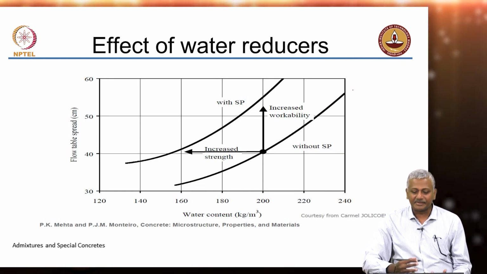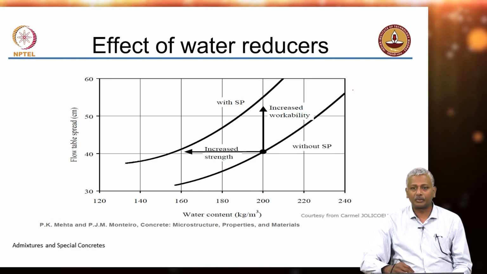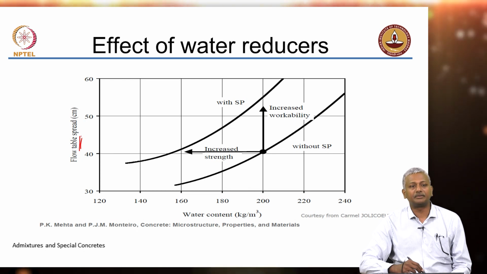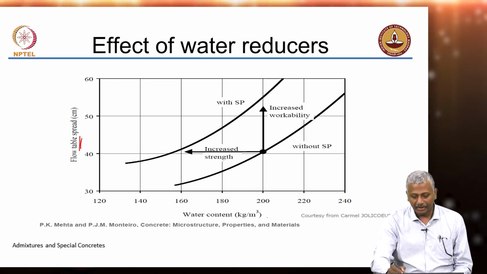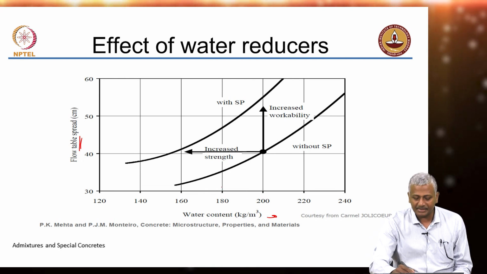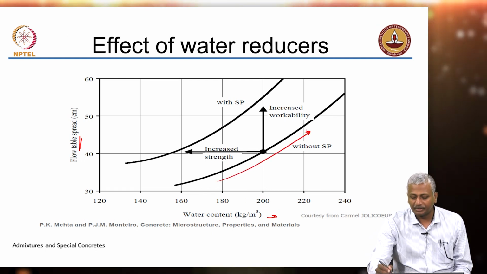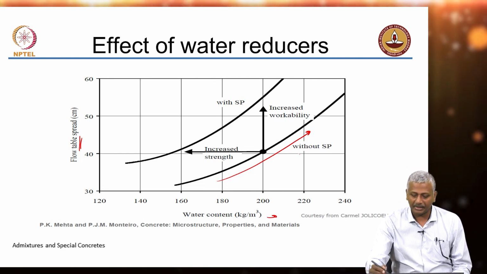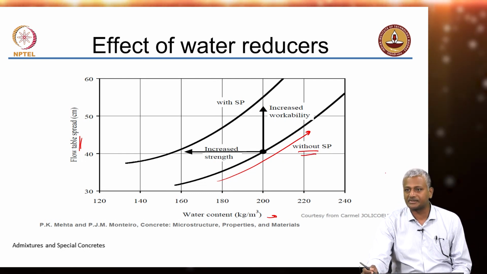Now, this is a very simple way of looking at water reducers. So, this is the workability in terms of spread measured in a flow table test, and that is the water content on the x axis. So, what does this say? This says that as you increase the water content, the workability increases, flow table spread increases. Okay, let us say this is the curve without superplasticizer.